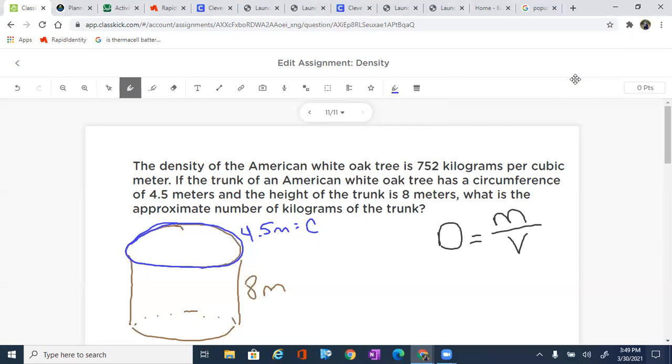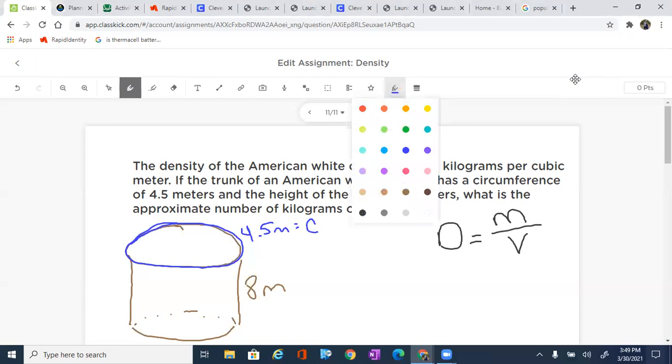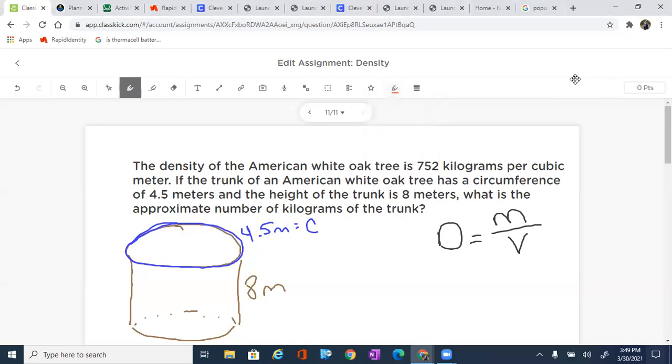Let's go back and identify some things that we know so we know what we need to solve for in order to continue this problem. It does tell us in this problem that the white oak tree is 752 kilograms per cubic meter. Well, if it tells us that we have kilograms per cubic meter, that's telling us our mass over our volume.